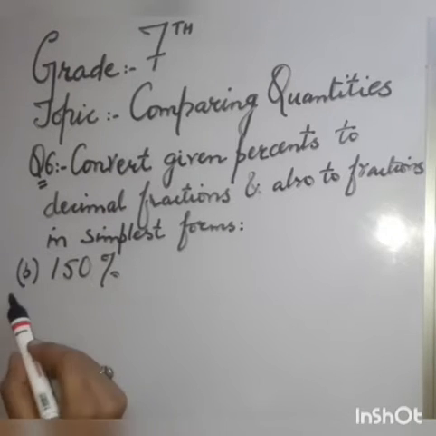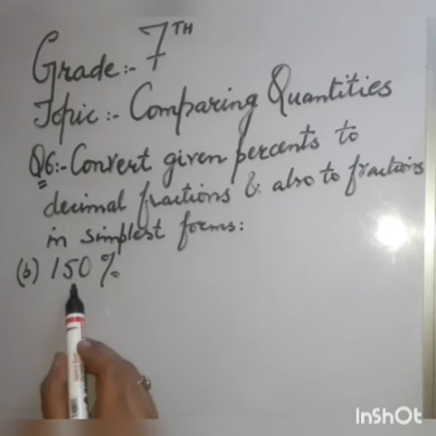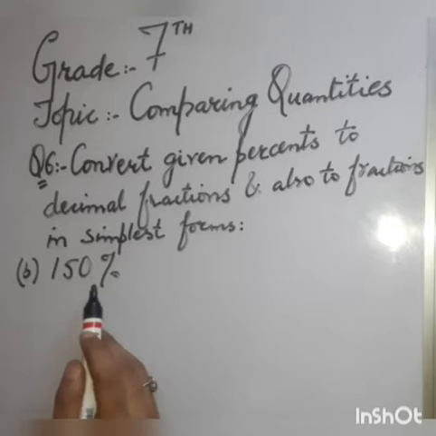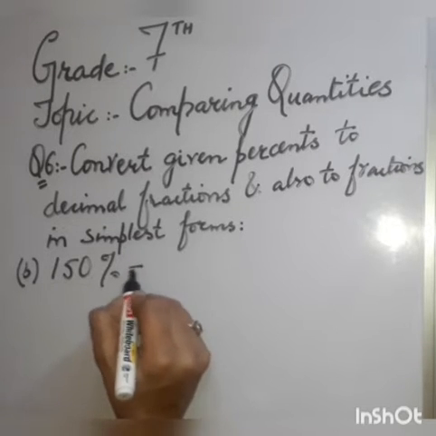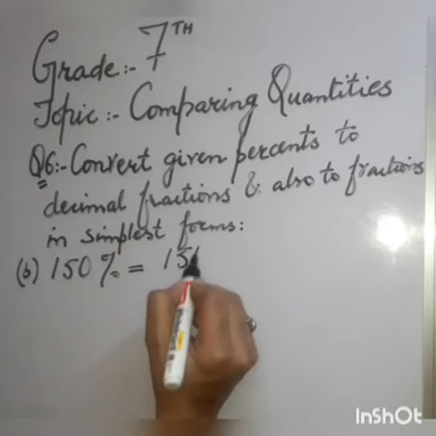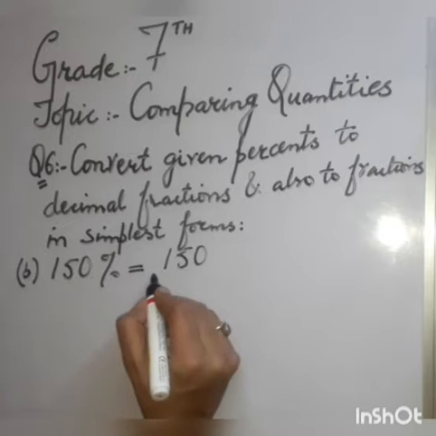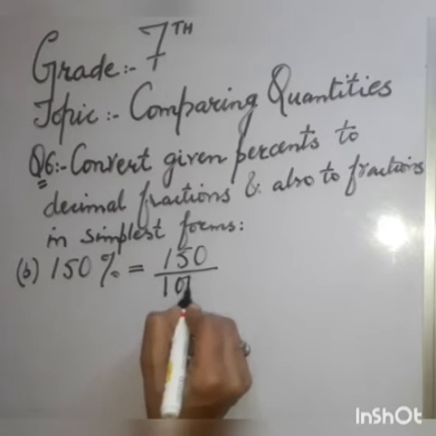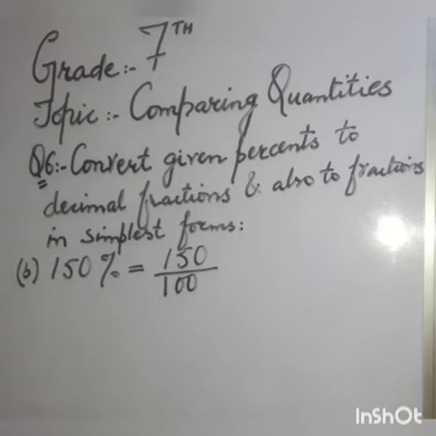See, I have taken part B of your textbook, that is 150%. So first we'll write this 150% in decimal. We'll convert this to a decimal fraction. So we'll simply write 150. We'll remove this percent sign, and instead of this percent sign, I will write 100 in the denominator. So this 150% is equal to 150 by 100.